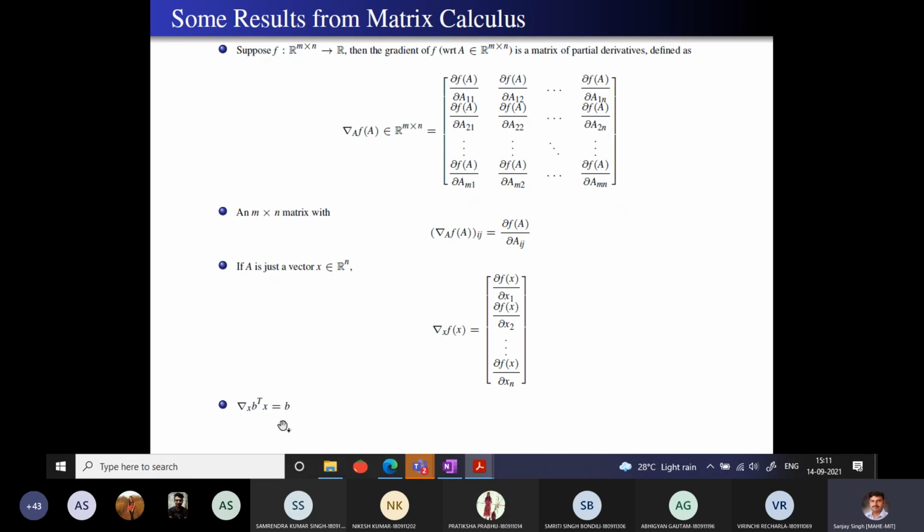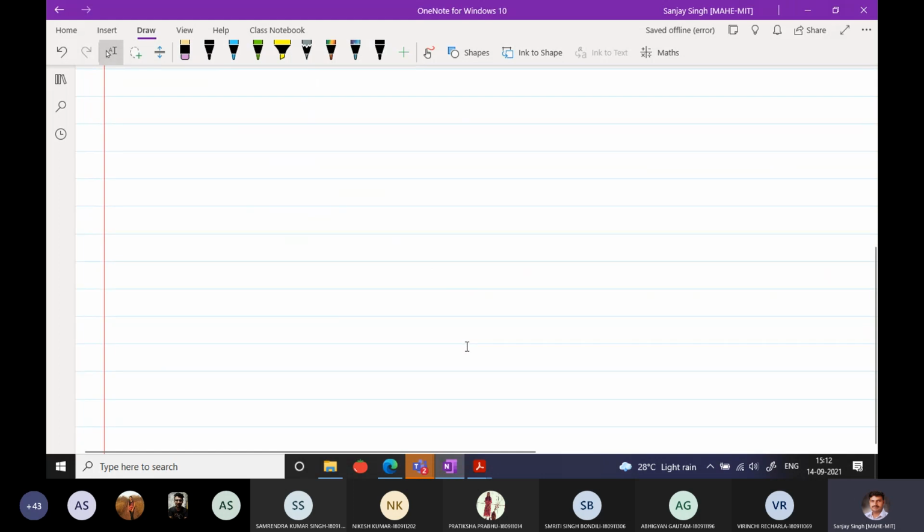I'm not going to detail this. For the time being you can just remember it and we'll make use of it. I want to tell you this so that when I use this particular notation, you should not get confused.